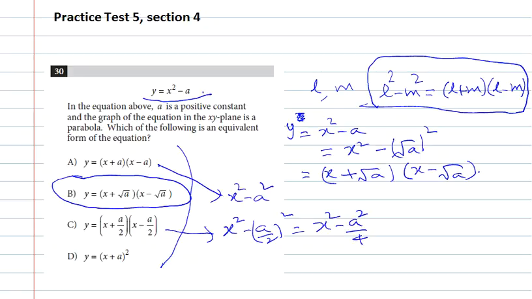So that's not the same as what we have here. And clearly this wouldn't work. So what is the expansion of x plus a whole square anyway? That is x square plus a square plus 2ax, and that's again not this. So the answer is B.